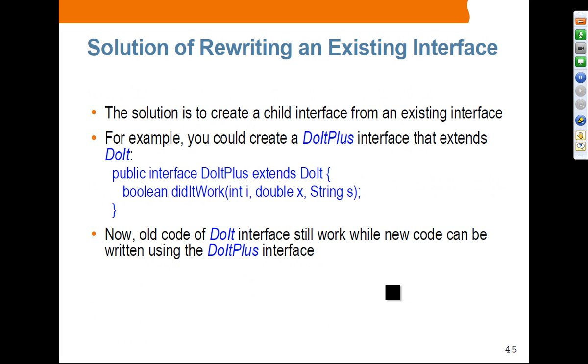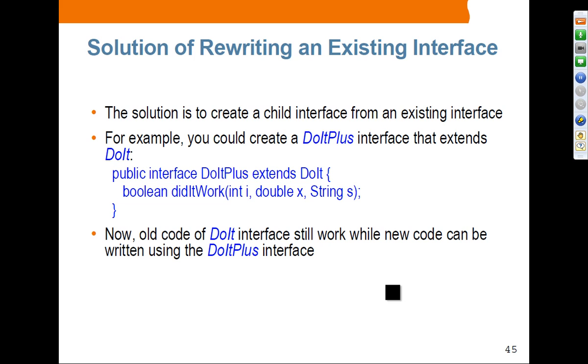The solution is to create a child interface from the existing interface. This is in fact the reason the child interface concept has been provided in Java. So basically you are going to create a new child interface called doIt plus, which extends the existing doIt interface. The new method will be added in this new child interface.